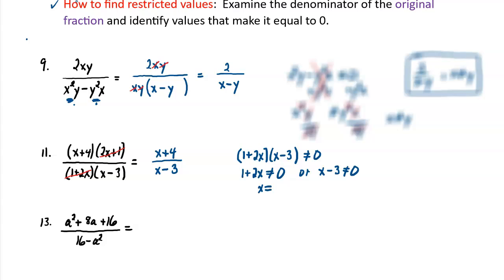Solving the first, by subtracting 1 and then dividing by 2, we get negative 1/2. Solving the second, by adding 3 to both sides, we get a 3. Now over on the right side, I'm going to write the final answer. It's x plus 4 divided by x minus 3, comma, with the restrictions that x cannot be equal to negative 1/2 or 3.